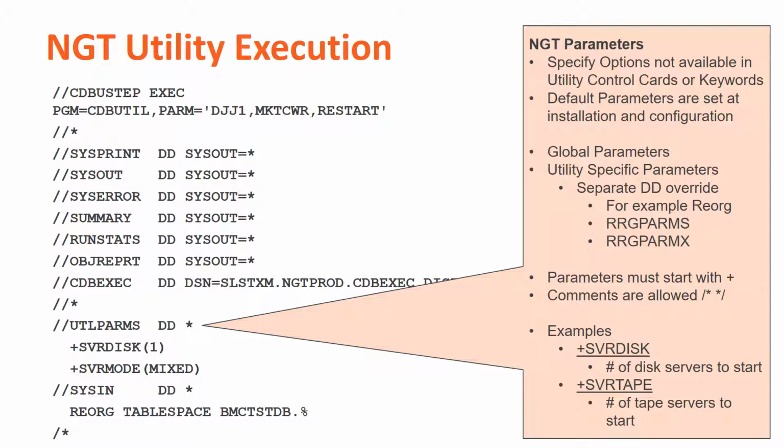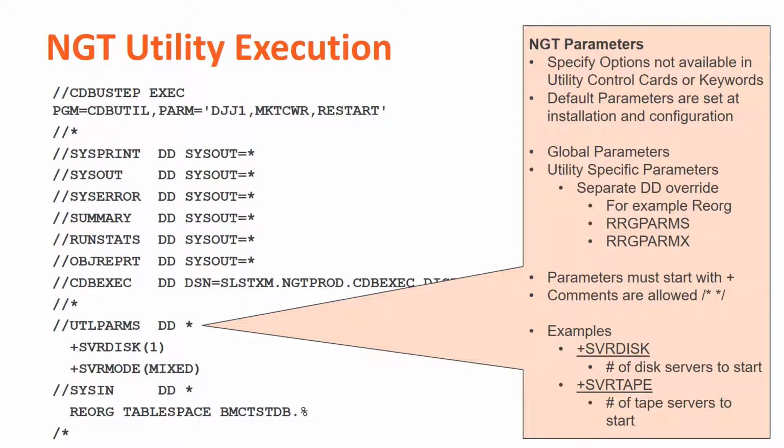These parameters are set during installation and customization as default. Users have the ability to change these default parameters at execution times via DD statements in the JCL. There are a few specific options that are not available to be changed in the job, but for the most part, all parameters can change at execution.